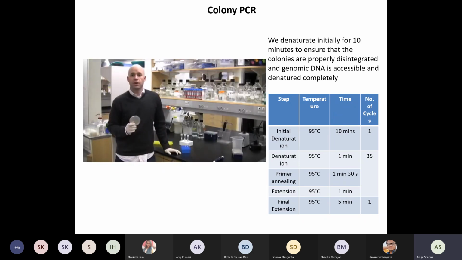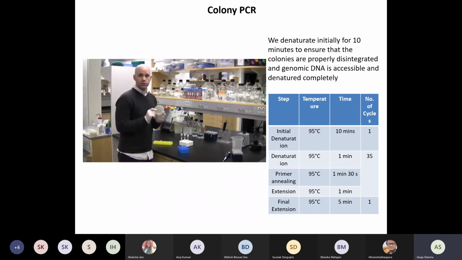So the advantage of colony PCR is that you can profile 30, 40, 50, however many colonies you want to pick very rapidly in a couple of hours, instead of having to do an individual mini prep for each colony. So the idea behind colony PCR is that you're going to take one colony and look for your insert of choice. To do this, the first step is picking a colony and transferring it into the PCR tube.